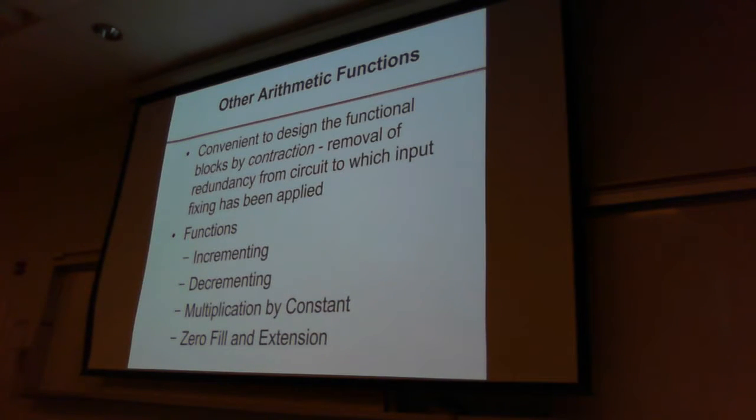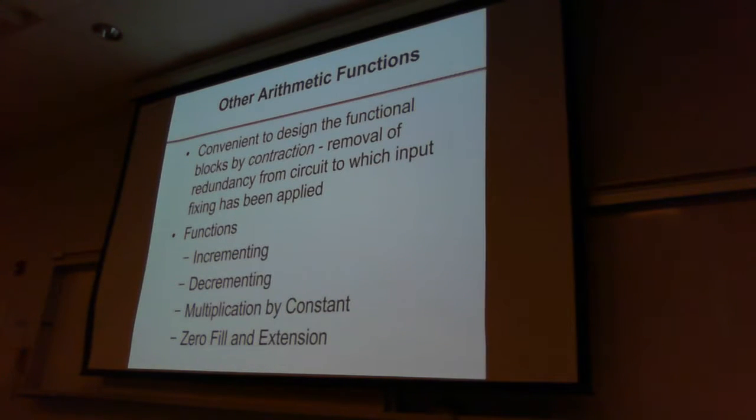So other arithmetic functions. We can add, we subtract, we can assign integers. We've done 1's complement, 2's complement. Okay, so another thing is contraction. What contraction is talking about is getting rid of redundancy. It's a way of doing simplification.